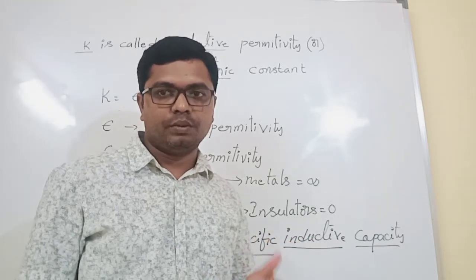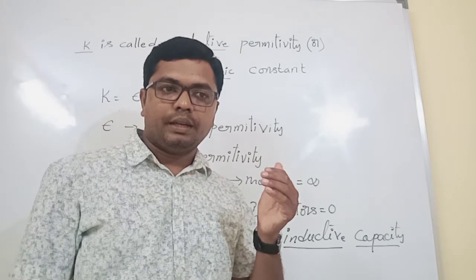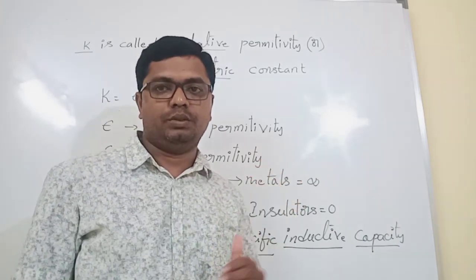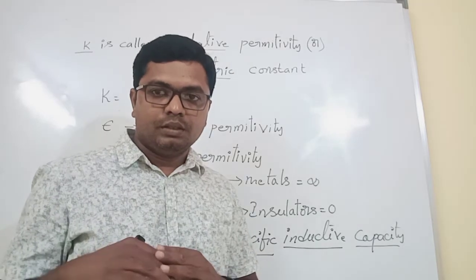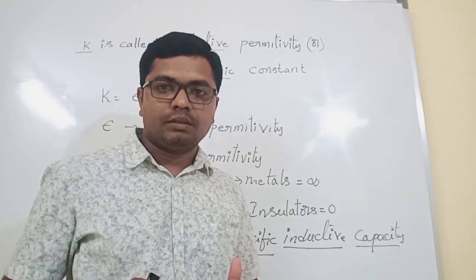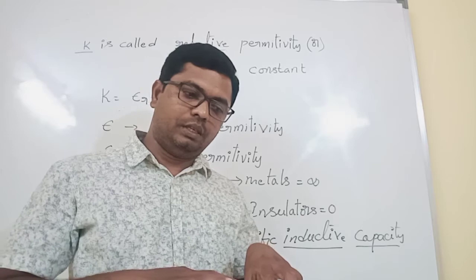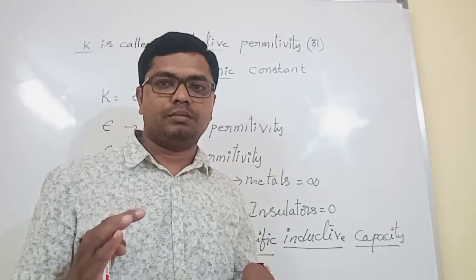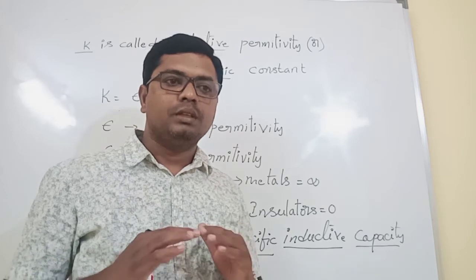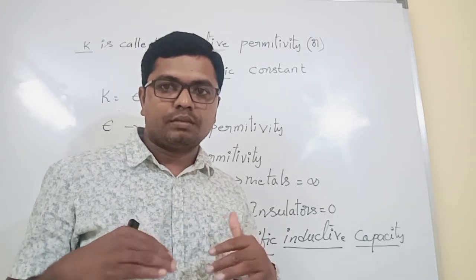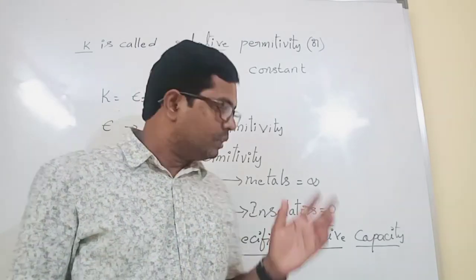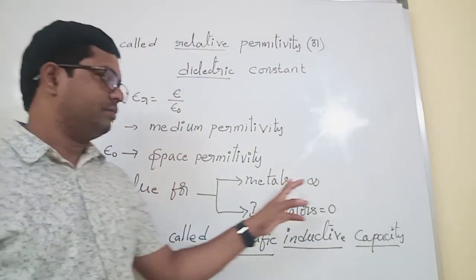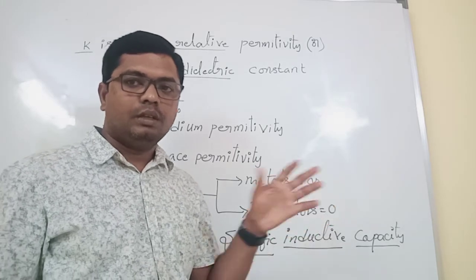In the groups from top to bottom, ionization potential values are reduced because atomic number is increasing, so the nucleus interaction upon the outermost electrons is less. We also say this is due to the existence of d orbitals. Because of that, the K value for metals is infinite. That means they can polarize.